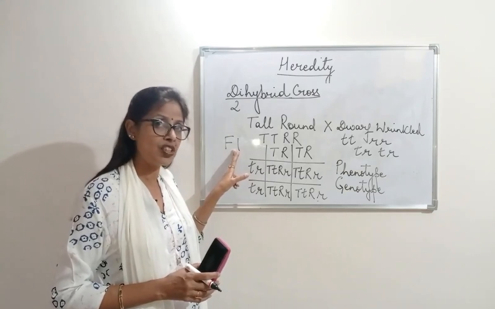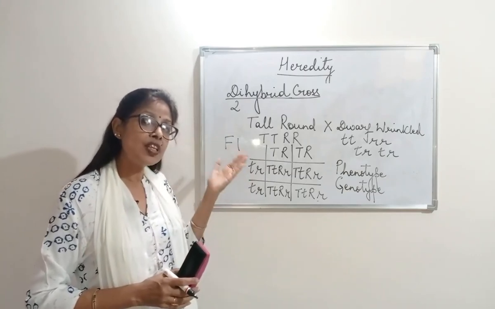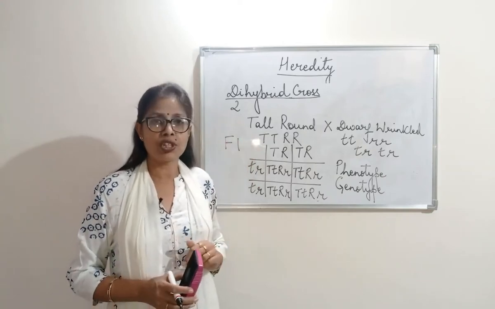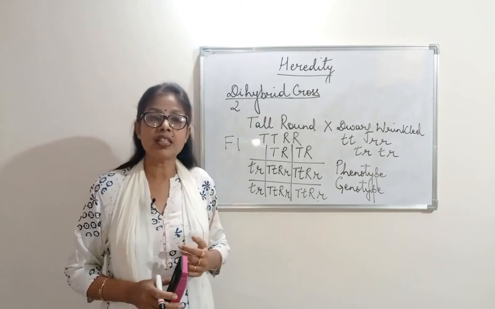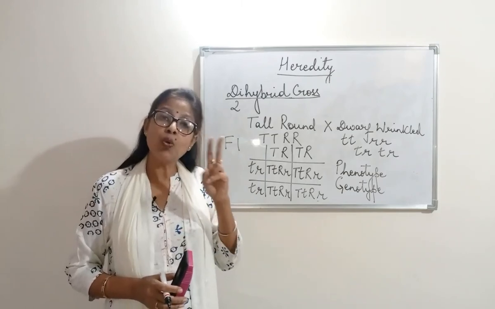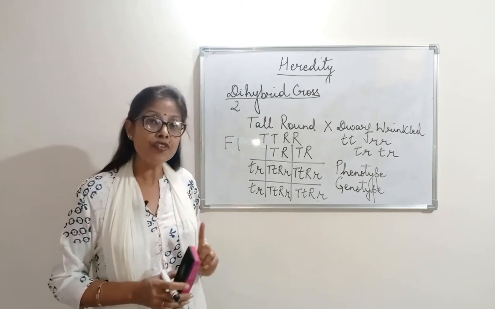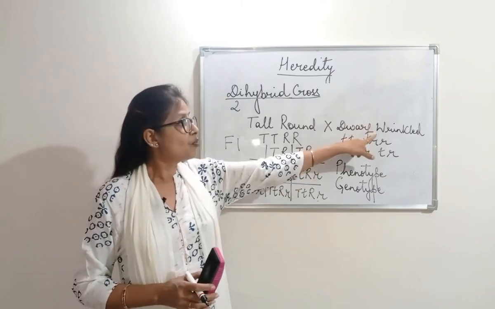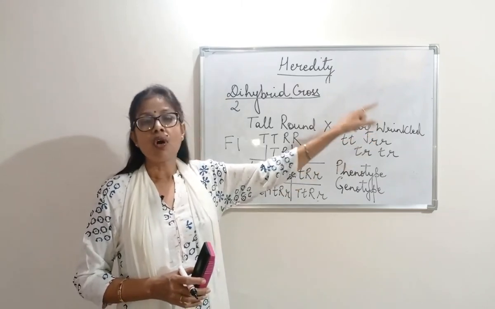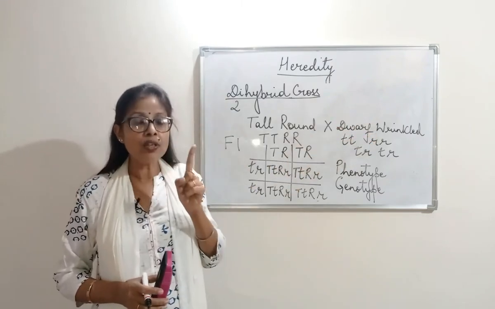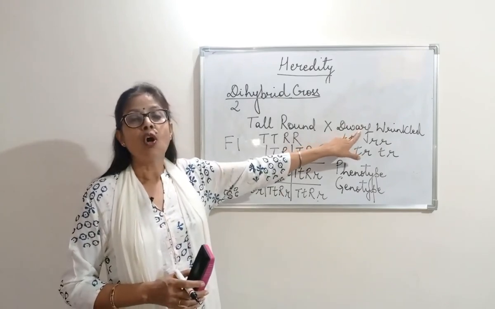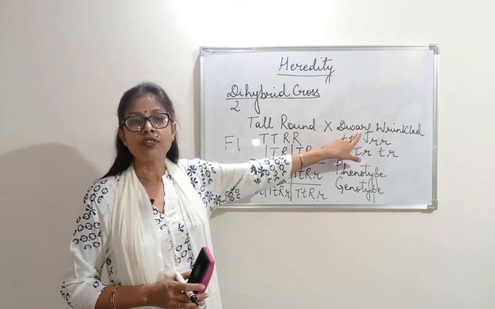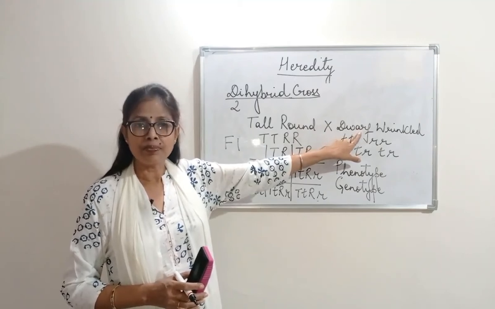Now, if we study F2 generation, whether it is a monohybrid cross or a dihybrid cross, in both the cases, in F2 generation, one of the offspring did have the character of the recessive parent.